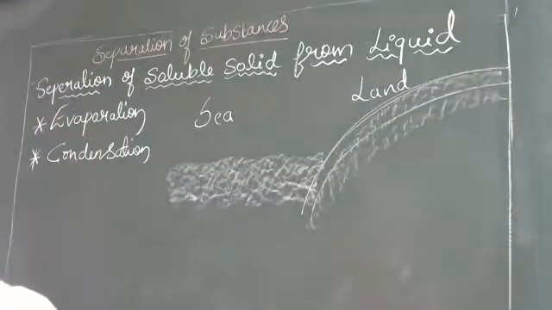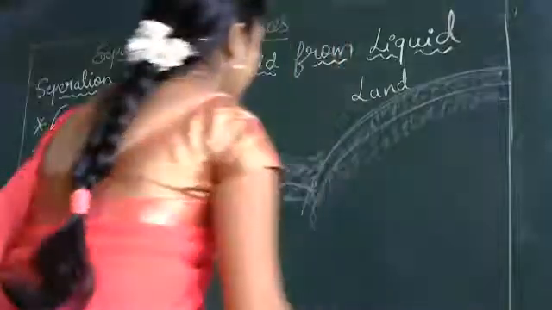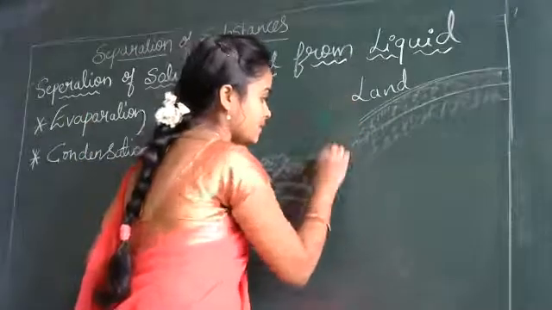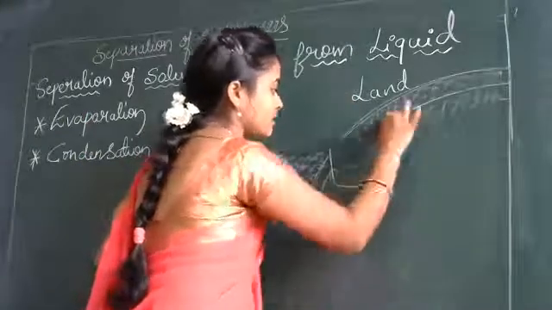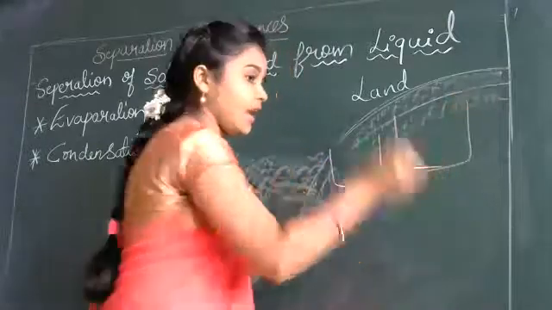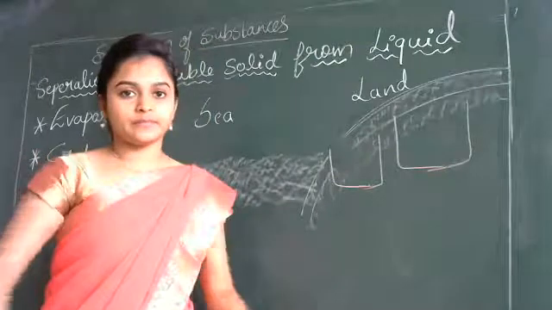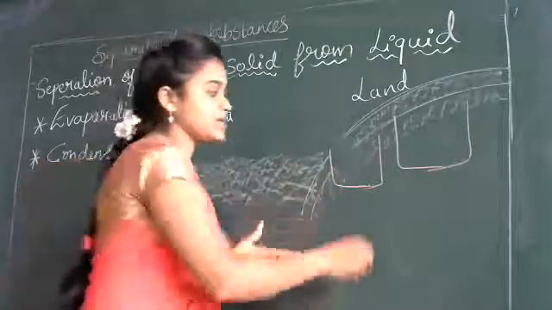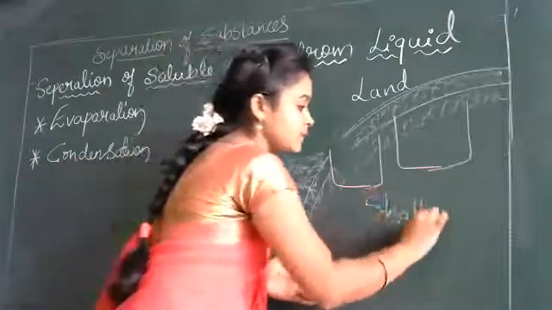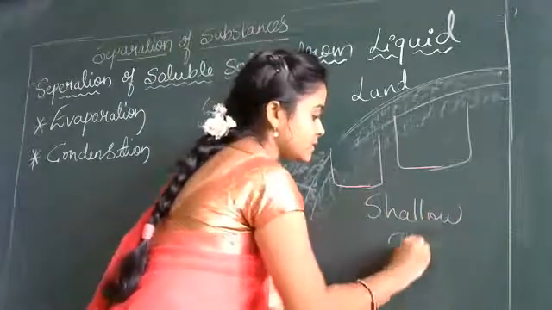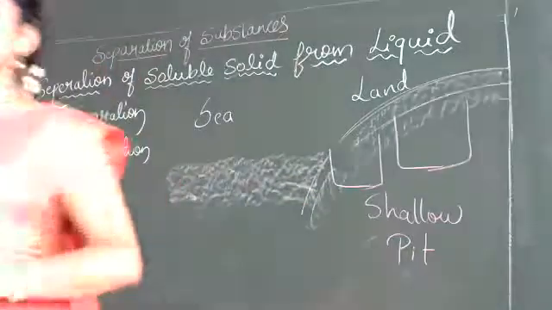So now beside this sea, big shallow pits are made. The land is dug in order to get a big pit. Okay, so big pits are made in this land.